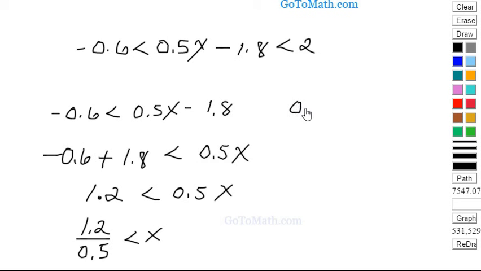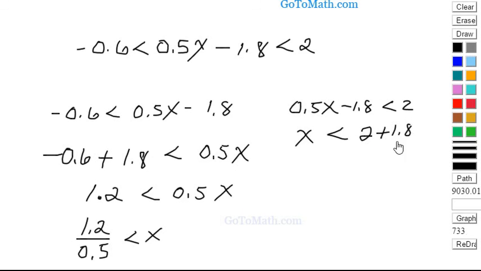So we have 0.5x minus 1.8, and that's less than 2. So we're going to end up with, and I'm going to skip a step or two here, 2 plus 1.8 over 0.5.